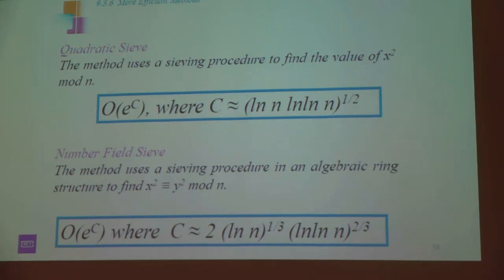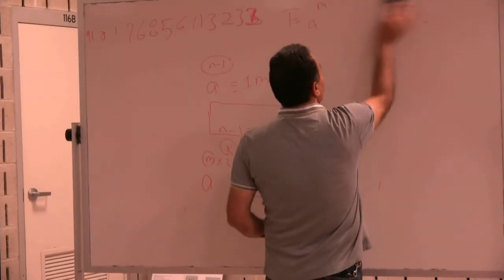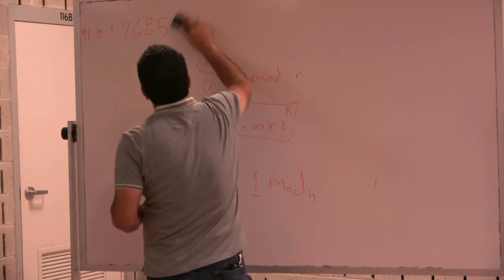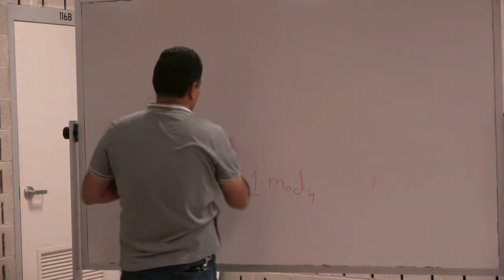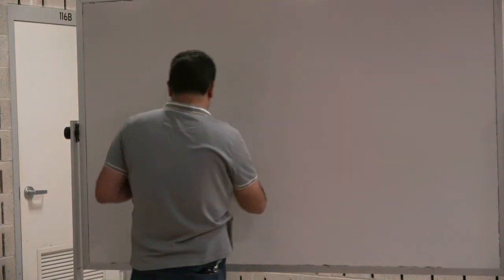So we're going to come to a very important concept, which is the Chinese remainder theorem. For factorization, you don't have to delve deep, but for the Chinese remainder theorem, that's something you have to understand very well, and it's very important.